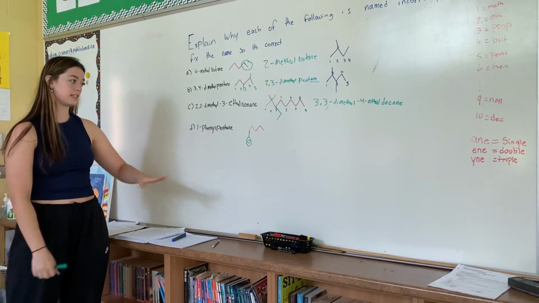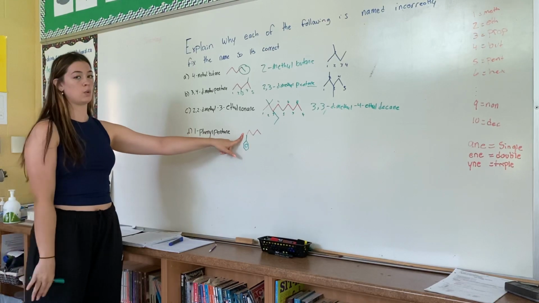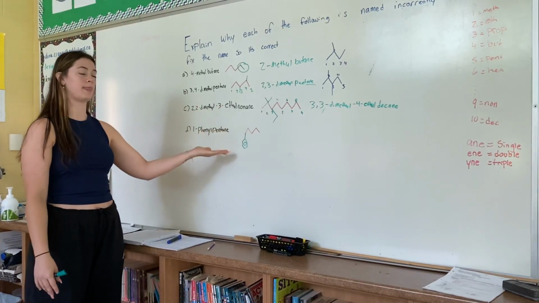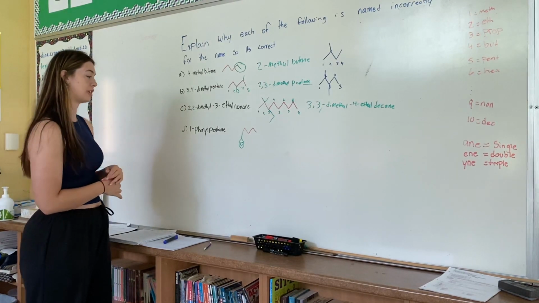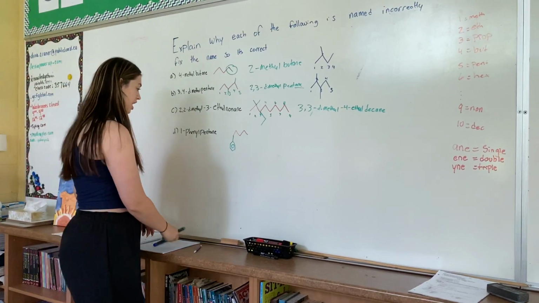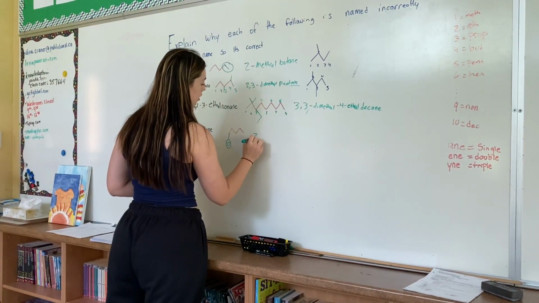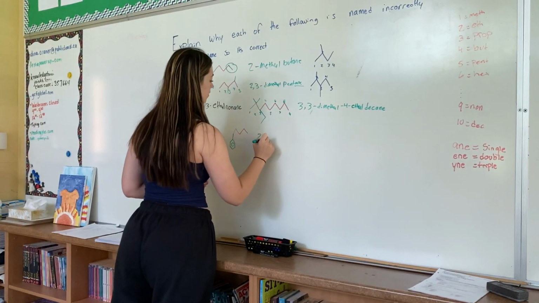So why is this not allowed? Well, this is saying that this would be at the first carbon, which again, we can't have because then it makes the shape and the name look different than what it actually is. So we're going to change this to 2-phenyl because we want that lowest possible number.